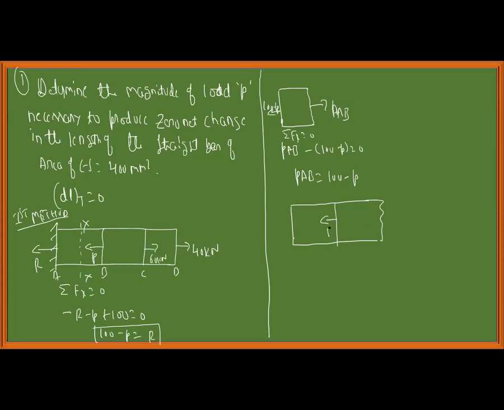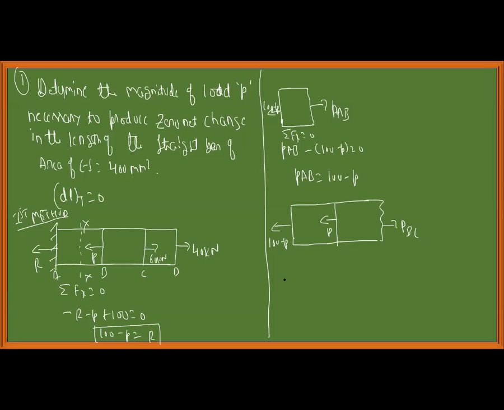This is P. This is my R, what I have assumed. 100 minus P. This is PBC. We should always understand that I can find only one unknown. I have to represent my reaction force also in terms of unknown P. You cannot take R and P both and solve for that unknown.